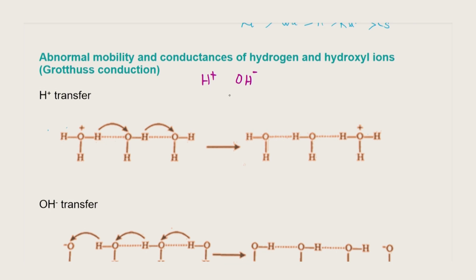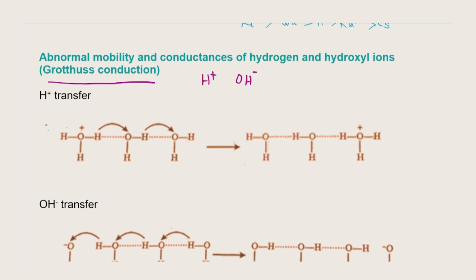That is due to a special mechanism known as Grotthuss conduction, because we have an additional way to transfer H plus and OH minus ions. Here you can see a water molecule which has abstracted a proton and contains a positive charge, and this positive charge is passed along towards the third molecule.